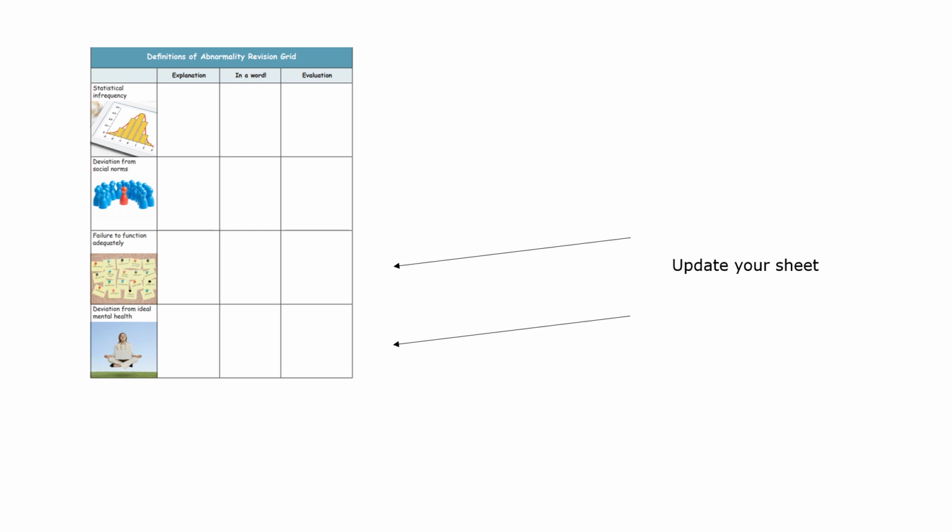Now would be a sensible time to go back to it and update it and fill in for failure to function adequately and deviation from ideal mental health, just with a very brief explanation, that trigger or cue word, and as the lesson goes on, some evaluation points too, because we're going to be using our topic companions. Okay, so pause the video, spend 5 minutes or so just updating your sheet.